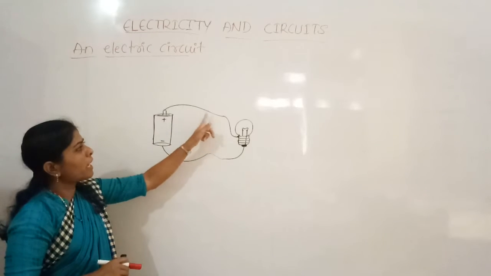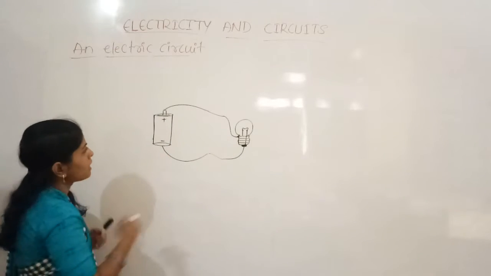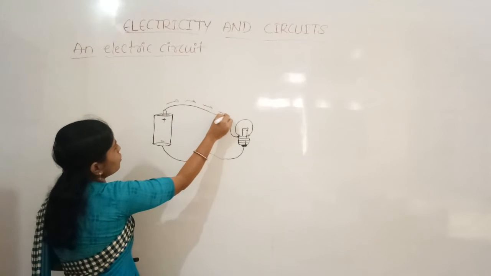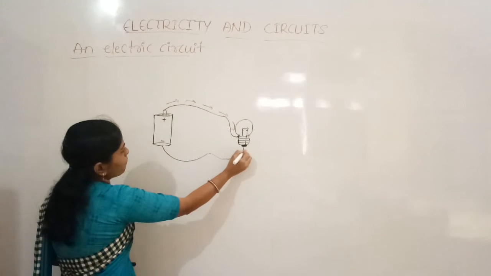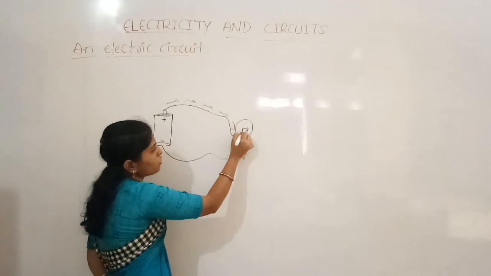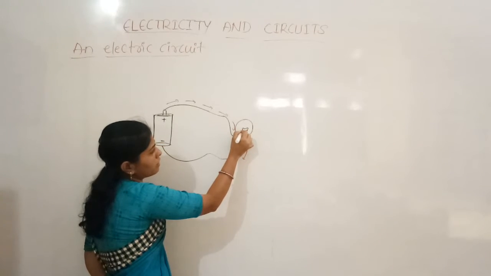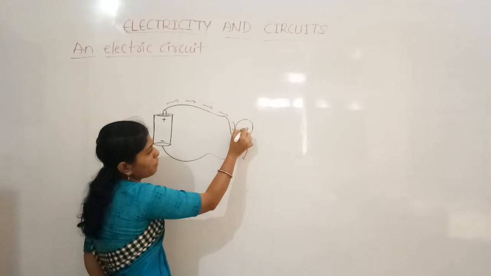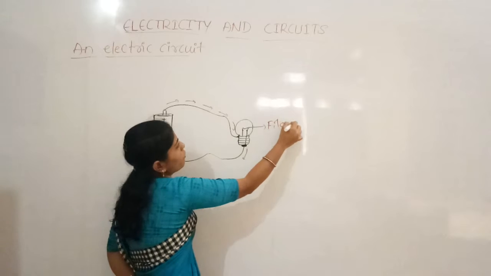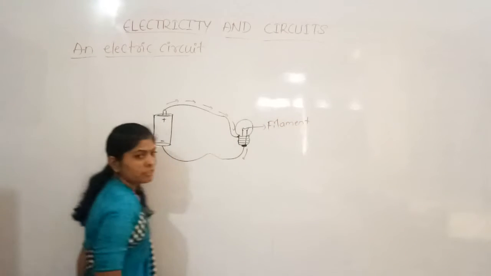Here the path is complete, so the electricity can start flowing from this direction. Again it reaches here, and inside the bulb there is also a connection. The thick wire is also connected with the filament. This is the filament, and a thick wire is connected with the filament.